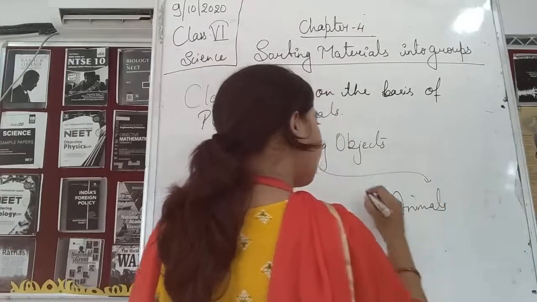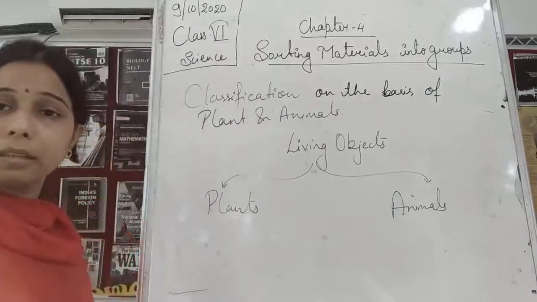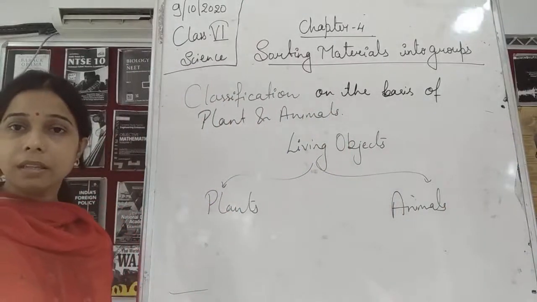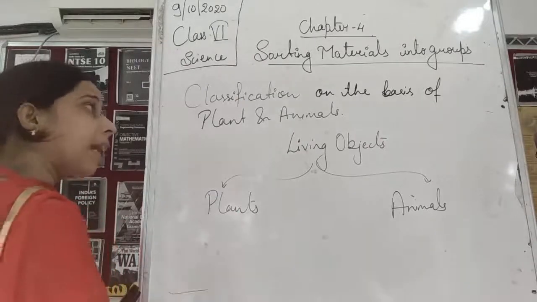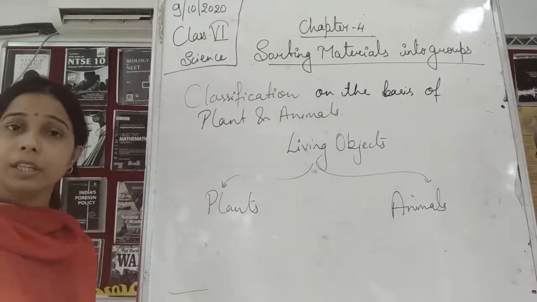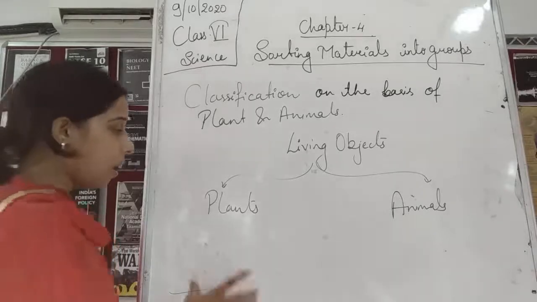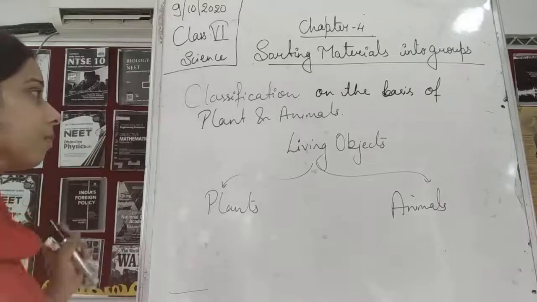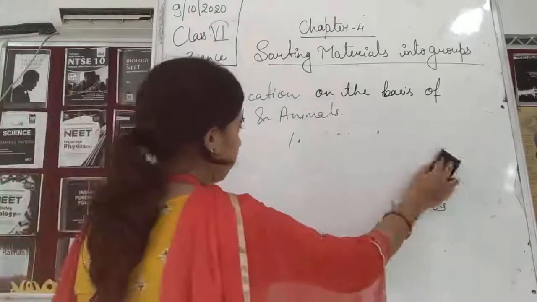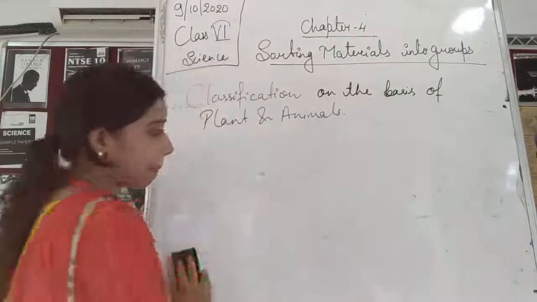Both of them come in the living object. Both of them are living organisms, but they differ from each other also. So we have classified the living object into two, that is the plants and the animals. Okay, so let us discuss both of them.